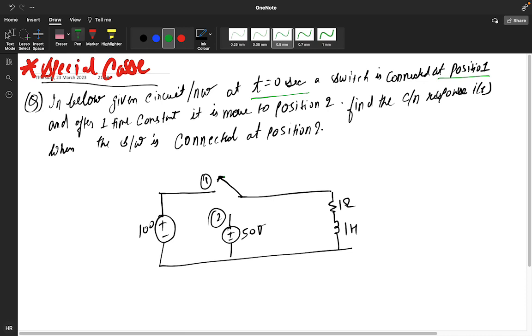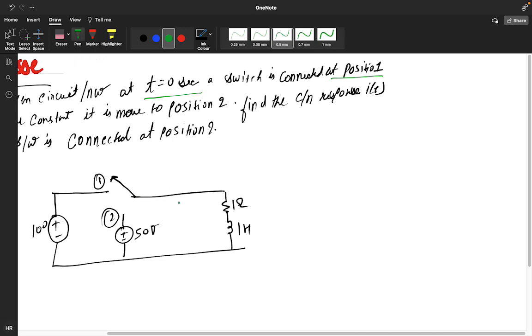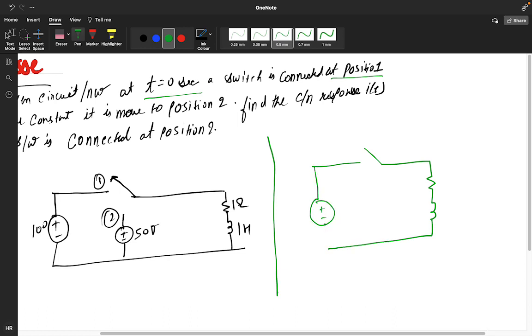Okay, we are assuming. So this is the case of a two circuit. You first forget about this parameter. Now think like this. You have a circuit like this only.